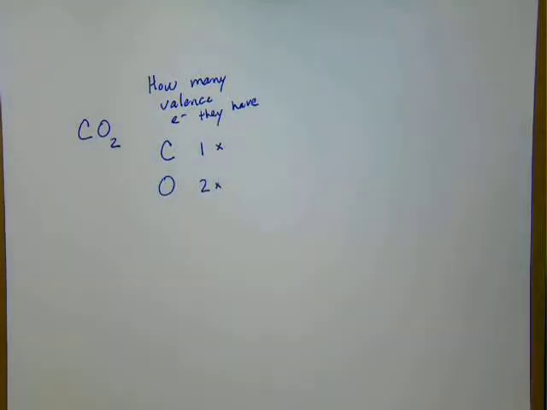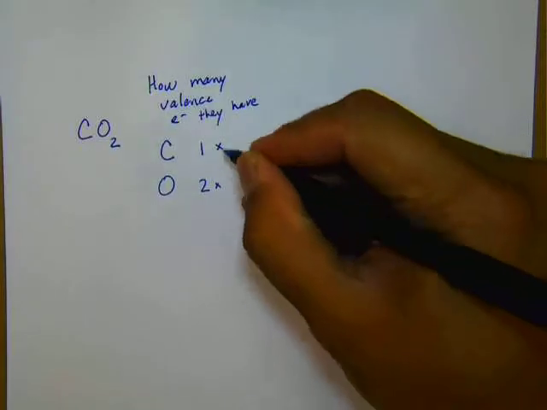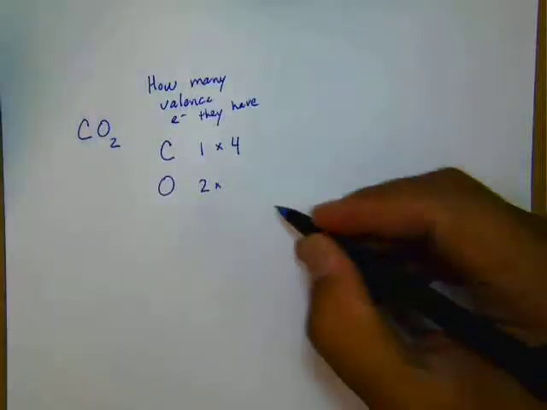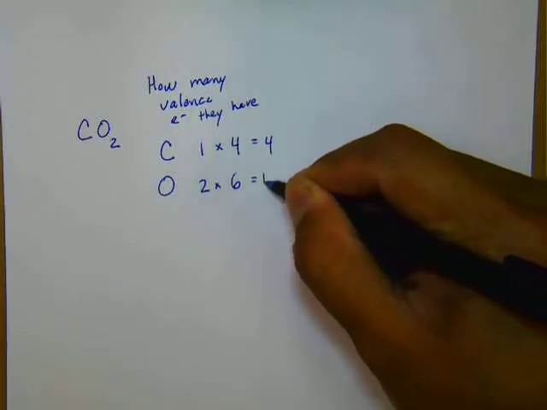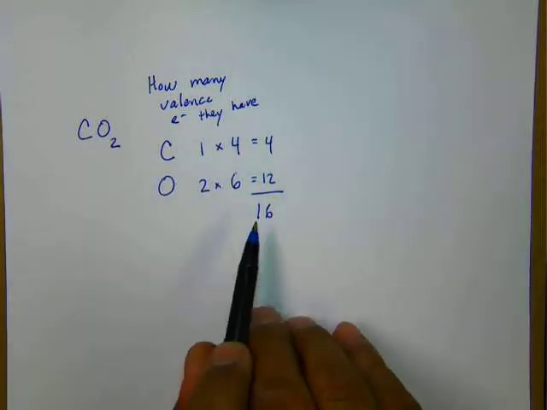If you look at the periodic table, carbon is right here. It has 4 valence electrons. Oxygen has 6 valence electrons. So they end up having 16 valence electrons. This is how many valence electrons they have to work with.